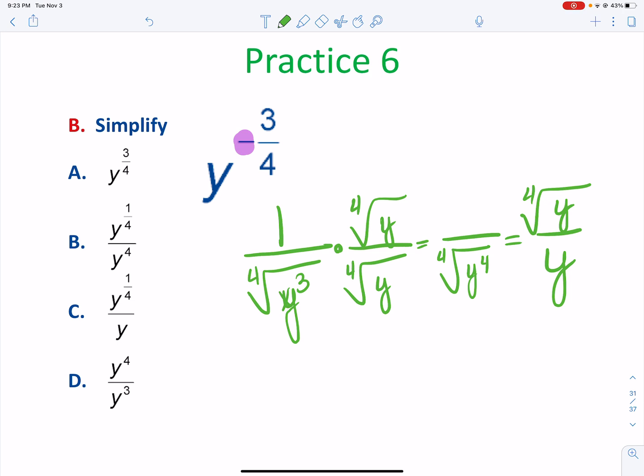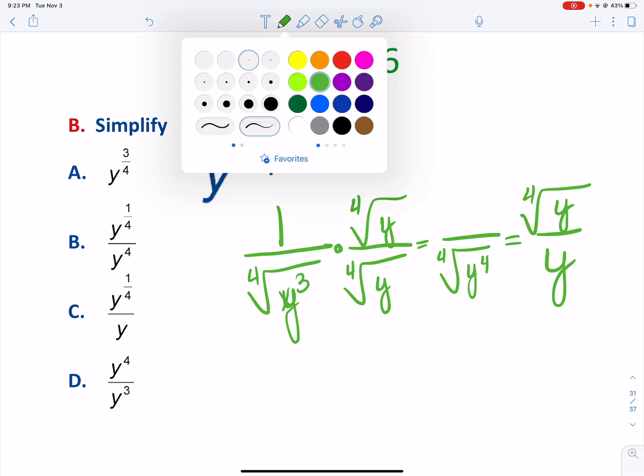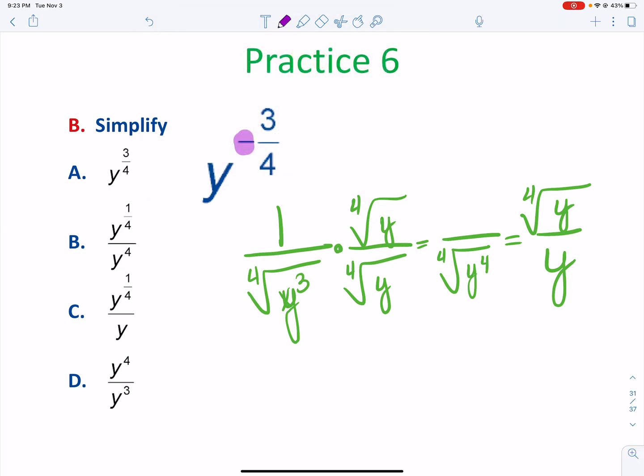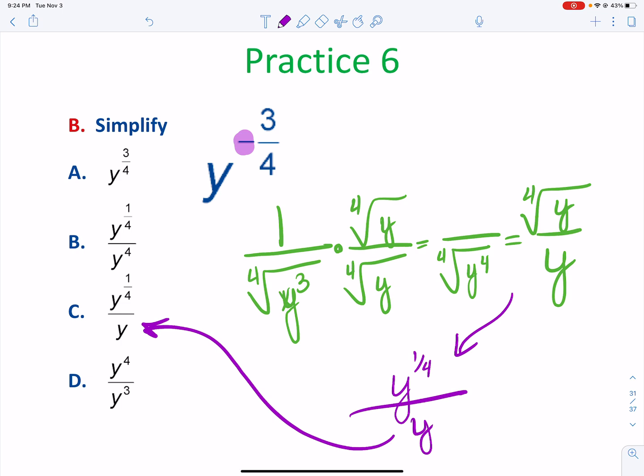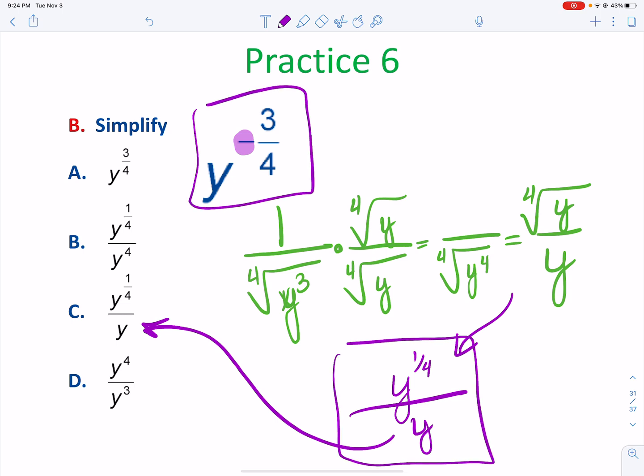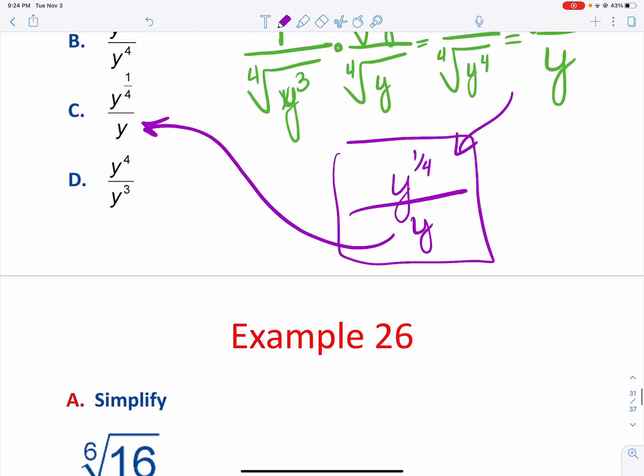And so I would then rewrite this into what is called exponential form, because this would be y to the 1/4 divided by y. And if I look, that's this answer right here. So understand that when it's given to you in exponential form, I want my answer in exponential form. If it's given to you with a radical, then you would have a radical in your answer.